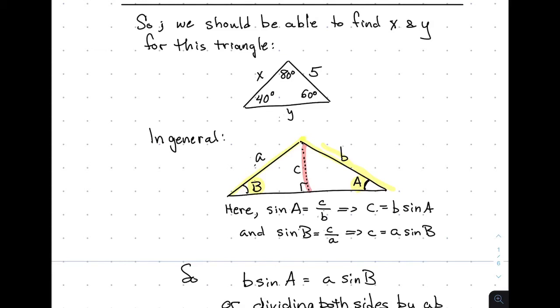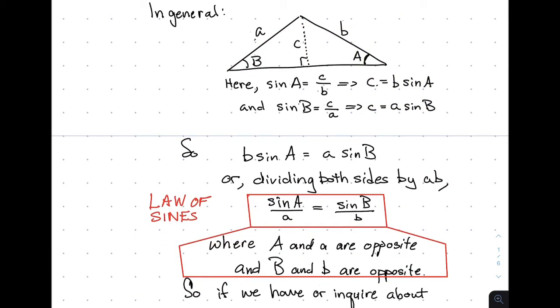If you compute the sine of A, you find that it's C over B, so we find an equation for C. If you compute sine B, we also find an equation for C. So we can equate these. So we solve that system of equations by substitution, if you like. And then if you divide both sides by AB and simplify, we get what's called the law of sines.